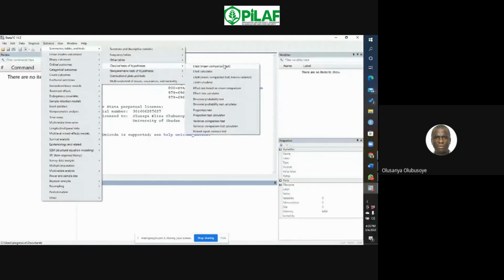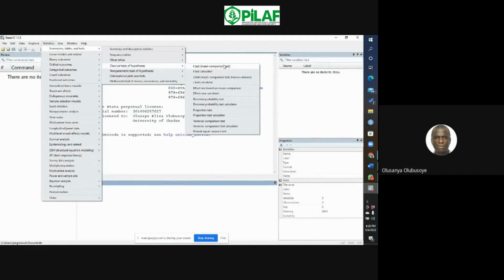So in that window, you will see t-test, mean comparison test, t-test calculator, and you use those two when your sample size is below 30 and the population standard deviation is unknown.